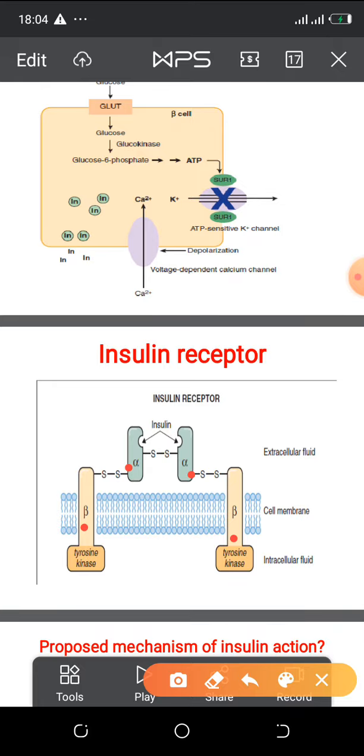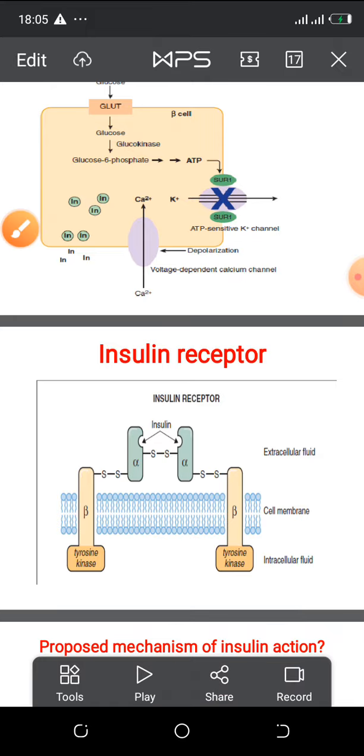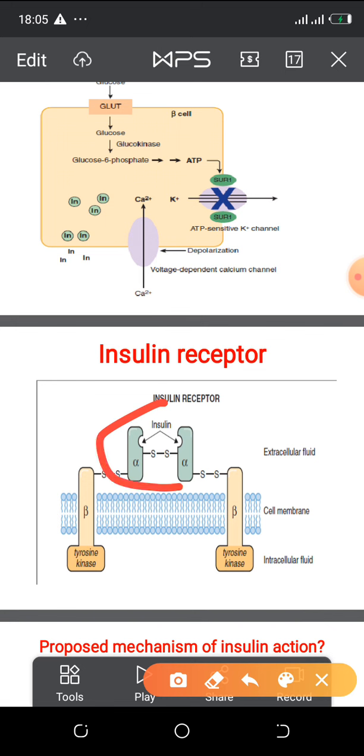So together they make 4. That's why it's called a tetramer. The alpha subunits, as you can see, lie in the extracellular domain. The beta subunits of the insulin receptor span the cell membrane like an integral protein. And at the end of the beta subunit, there is an enzyme called the tyrosine kinase.